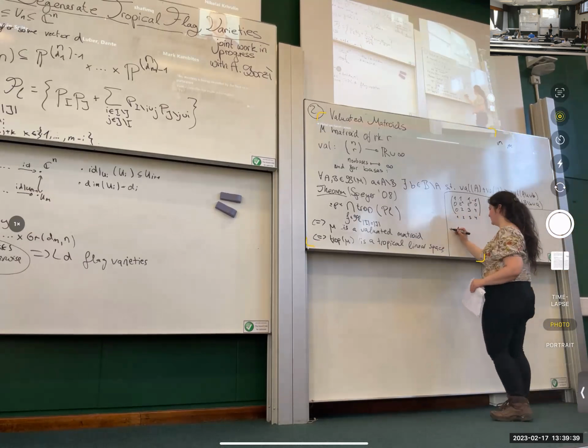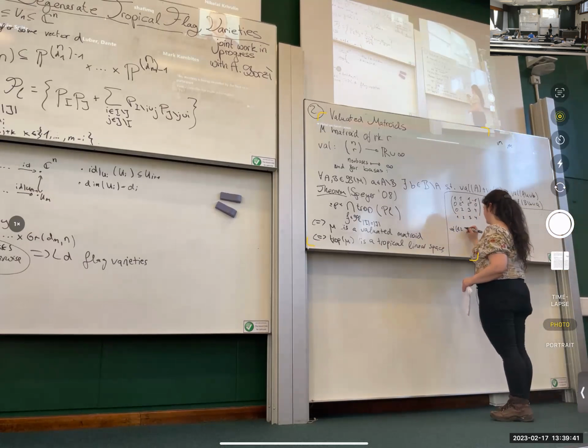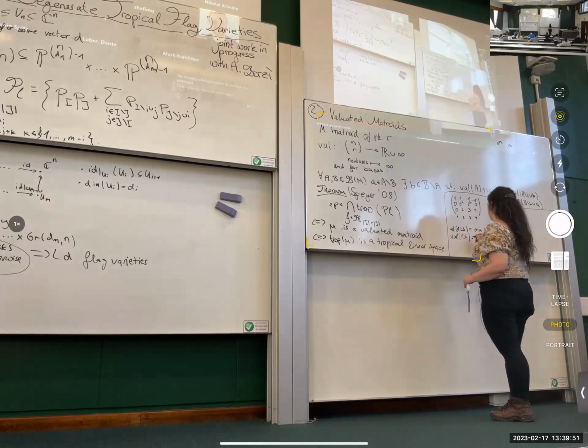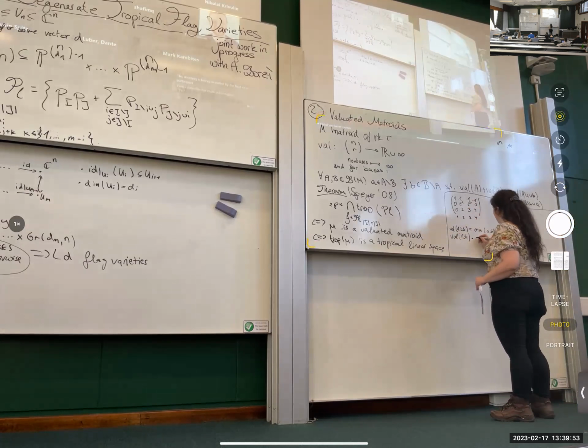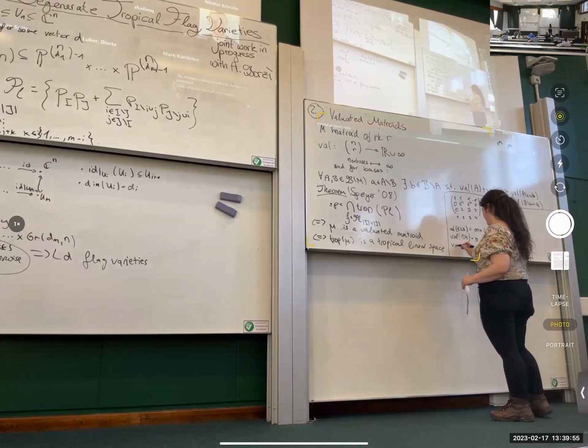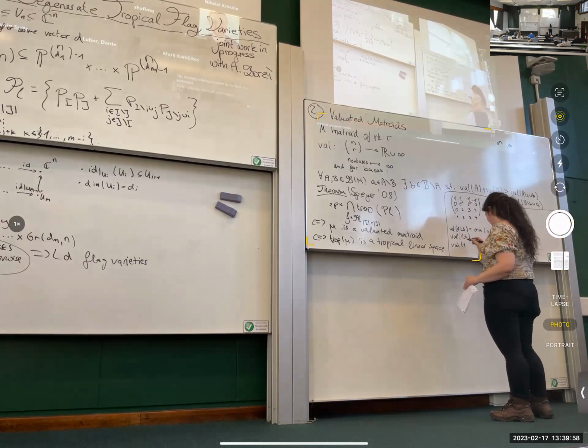The valuation of 1, 2, 3 is the minimum of a and b. The valuation of 1, 3, 4 is b. The valuation of 1, 2, 4 is a.